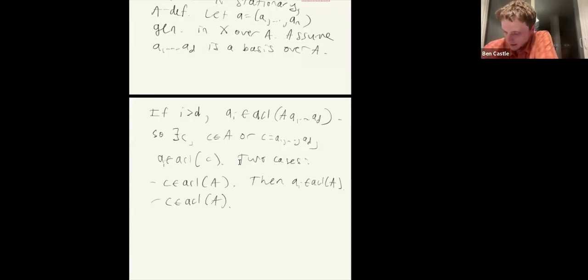So AI is algebraic over C. Oh, sorry, I think I wrote something wrong.